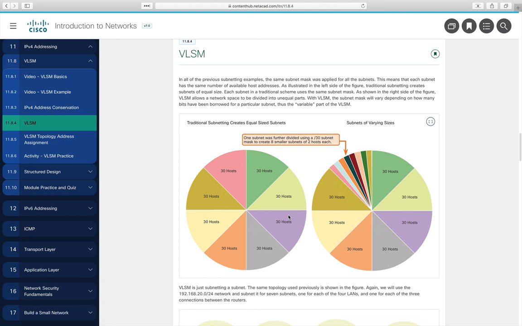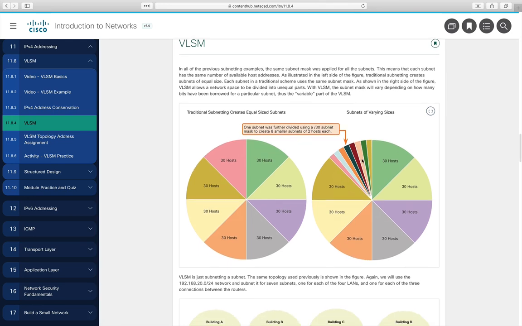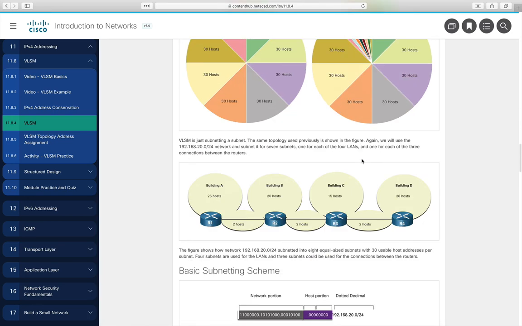So basically, here's the traditional 8 networks that each have 30 hosts. What we're going to do is divvy these up so that we have 2 hosts each on the WAN links. So we're going to save some IP addresses by eliminating that waste.